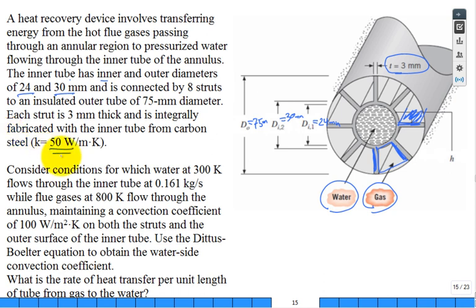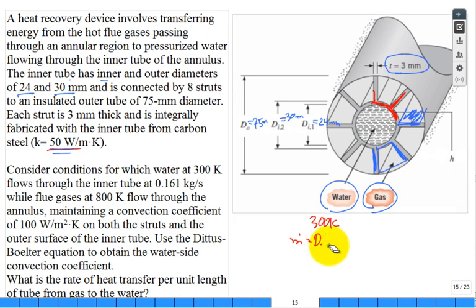So this is the thermal conductivity. All of this material and the struts are the same material, solid, with a thermal conductivity of 50 watts per meter Kelvin. Okay, consider conditions in which the water is 300 Kelvin with a mass flow rate of 0.161 kilograms per second. So the m dot is given.